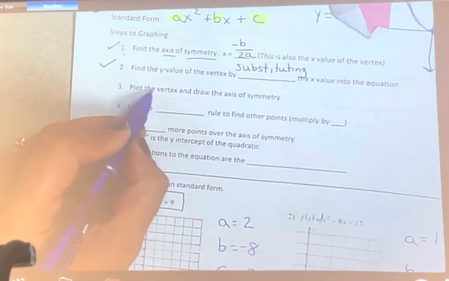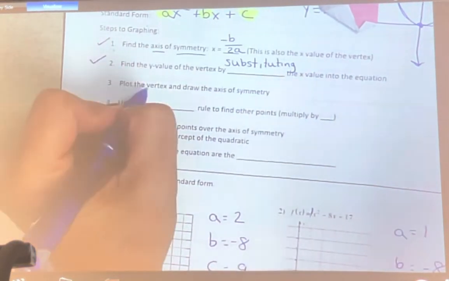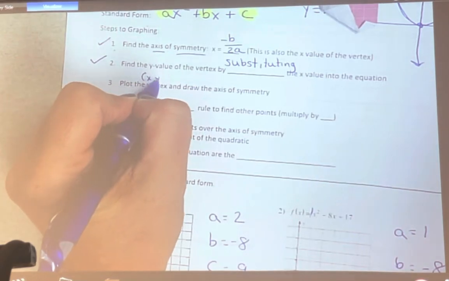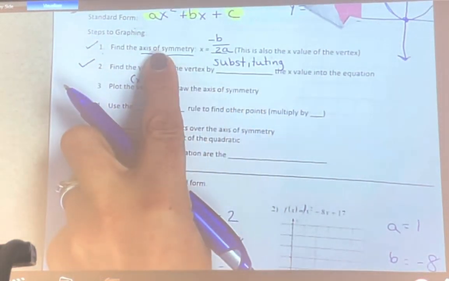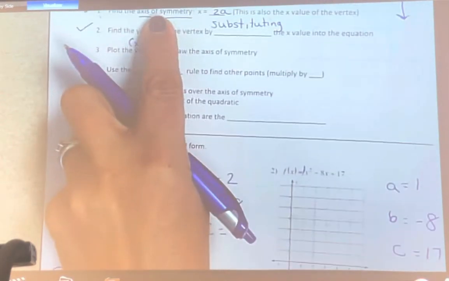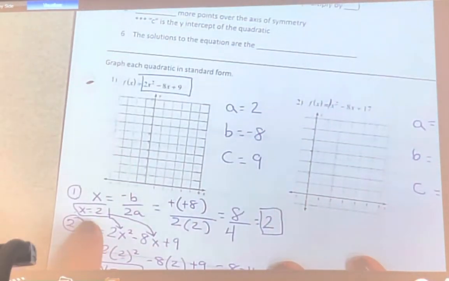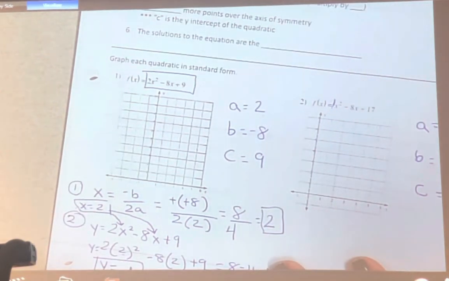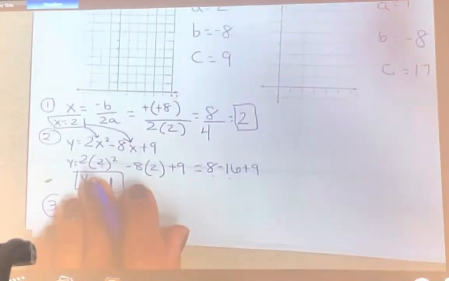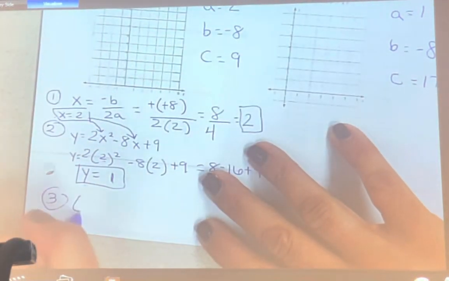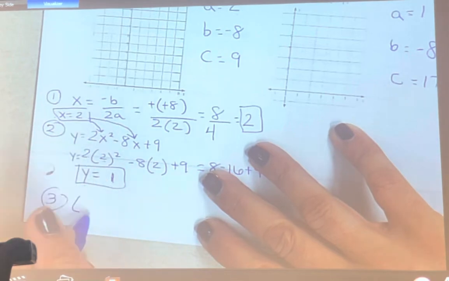Step 3, plot the vertex, and the vertex is your x and y, and draw the axis of symmetry. Remember the axis of symmetry? That's just x equals 2. That's our axis of symmetry, back to number 1. So, step 3, we're going to plot our x and y coordinate, which is just, what? 2 and 1.